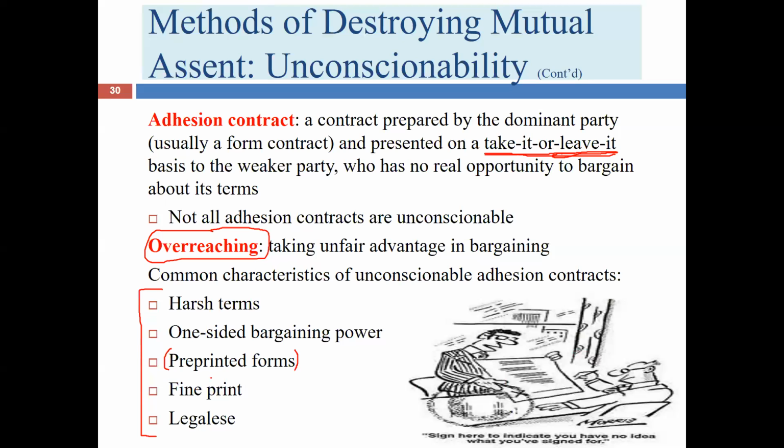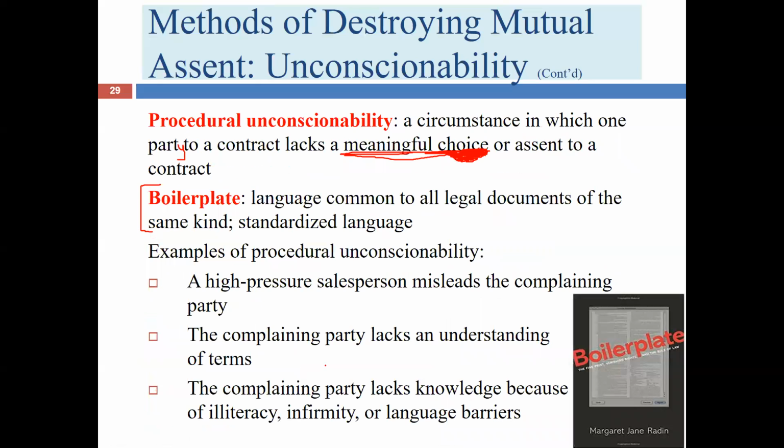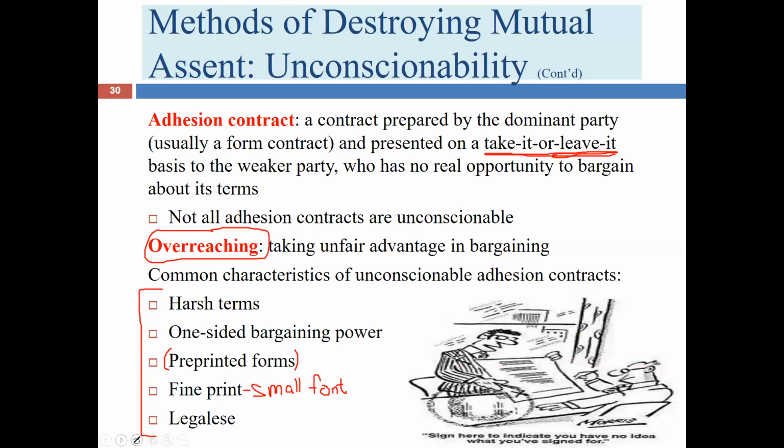Here, we're really talking about the small font, something that's hard to read. Maybe it's on kind of an onion skin, thin paper, and maybe even the text bleeds through, and so it presents difficulties just understanding it. And that goes back to illiteracy, infirmity, or language barriers, when you can't actually understand the terms.